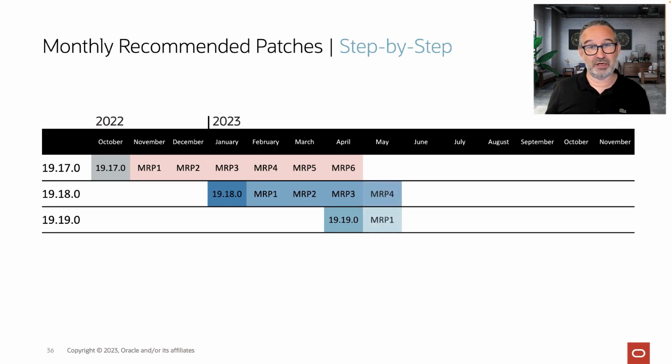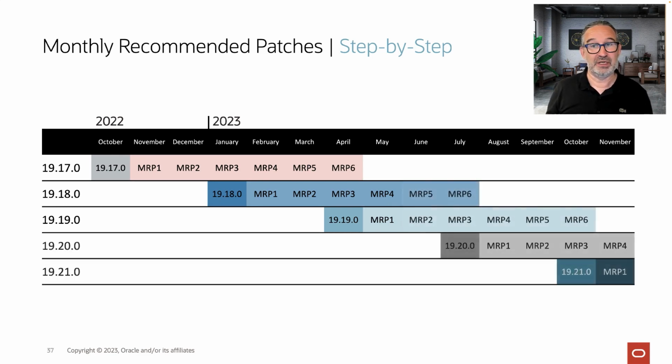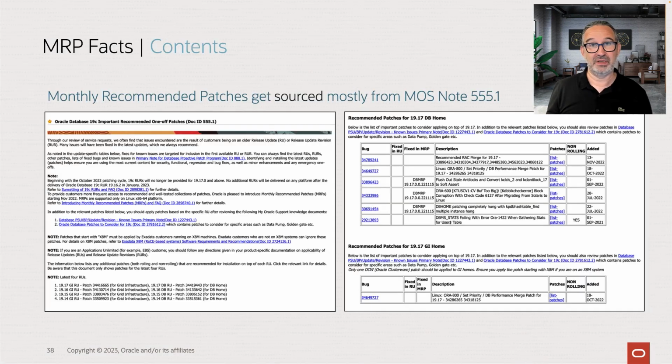We move forward now. So in May, you will see that there's nothing delivered anymore for 19.17, but now we deliver an MRP for 19.18 and the first MRP for 19.19. And this is how we march forward in the future. So we'll always have two MRP streams in parallel for the most current and the previous release update on top. So where's the information coming from?